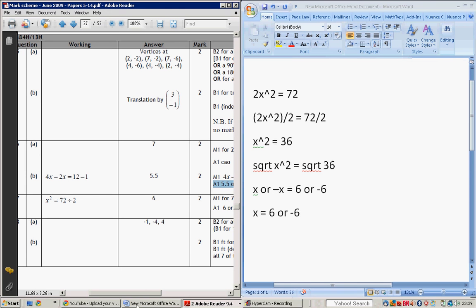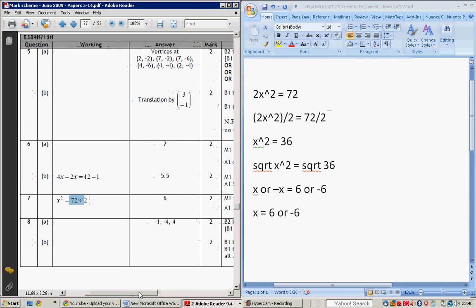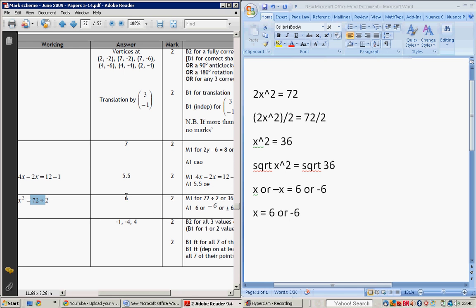Let's see. Yep, they do. Question 7. x squared equals 72 divided by 2. We did that up here. And the answer is 6. That's worth 2 marks.